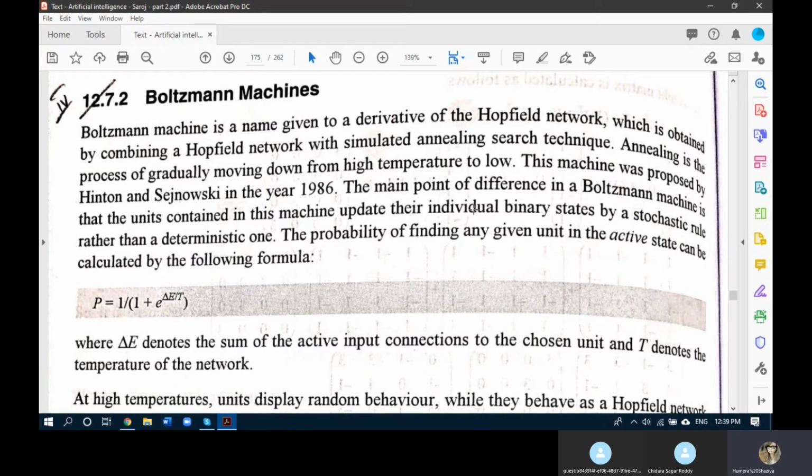The primary difference is that units contained in a Boltzmann machine update their individual binary states by a stochastic rule rather than a deterministic rule. These are two jargons used in the field of artificial intelligence and machine learning: stochastic and deterministic.